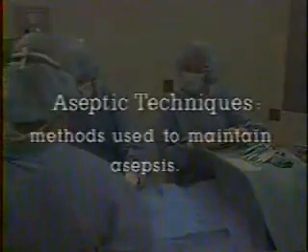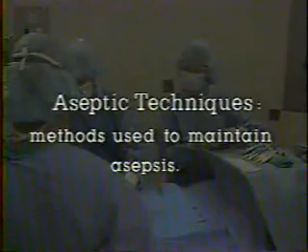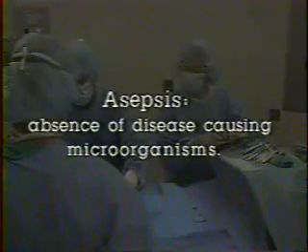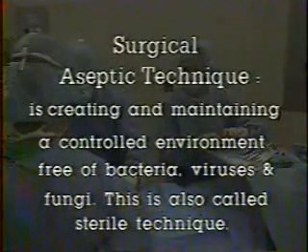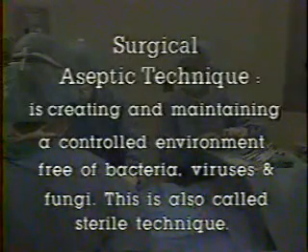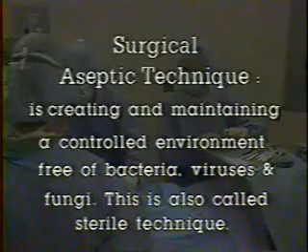An effective method of controlling infection in the operating room is through the use of aseptic technique. Aseptic techniques are the methods used to maintain asepsis. Asepsis is the absence of disease-causing microorganisms. Surgical aseptic technique is creating and maintaining a controlled environment free of bacteria, viruses, and fungi.